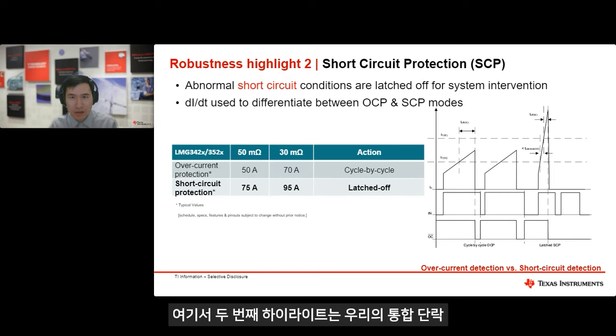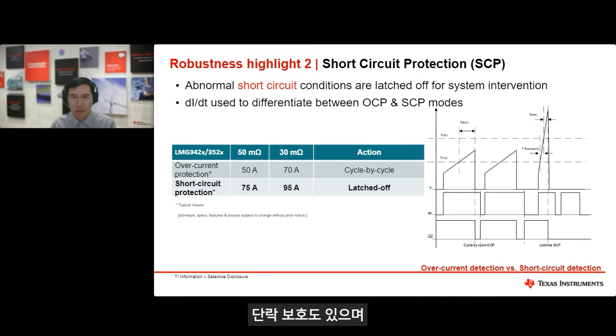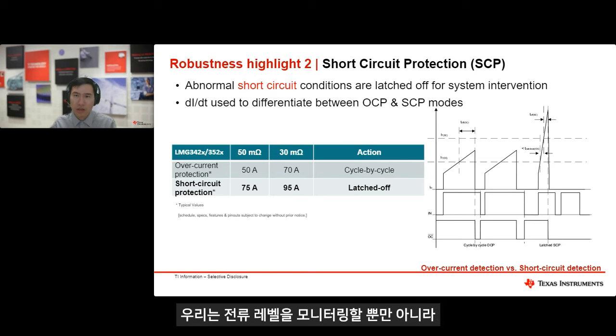The second highlight here is our integrated short circuit protection. For our device, we have not only overcurrent protection, but also short circuit protection. The difference is that for short circuit, we are not only monitoring the current level, but also the di/dt.